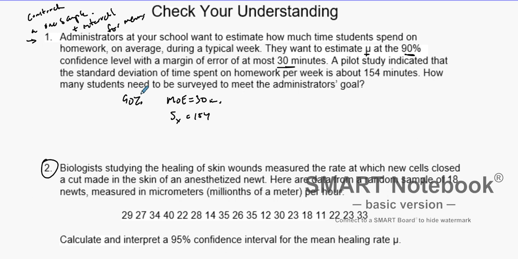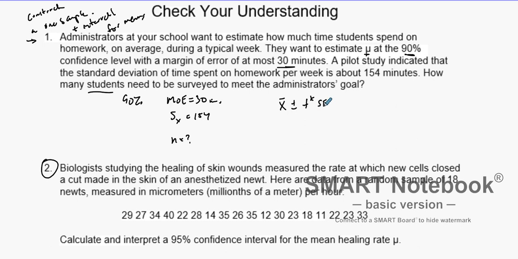How many students need to be surveyed to meet the administrator's goal? Like when we did proportion intervals, to figure this out we need to find an n value. The n value comes from our point estimate, plus and minus our critical value t, because this is for means, times our standard error.